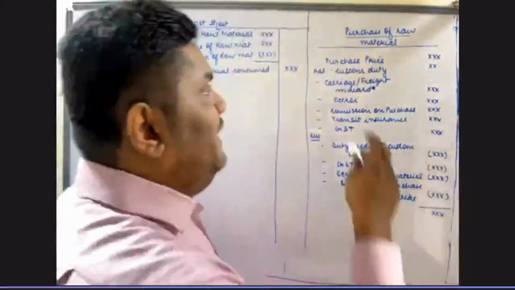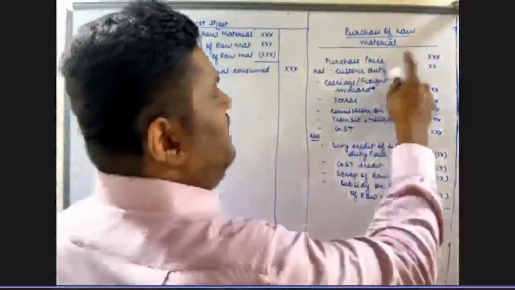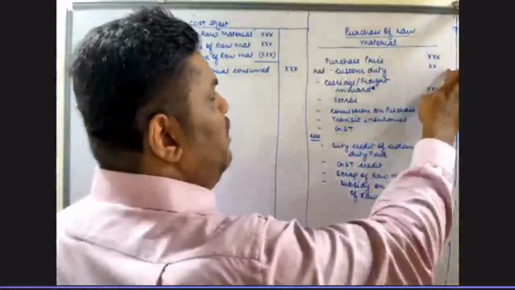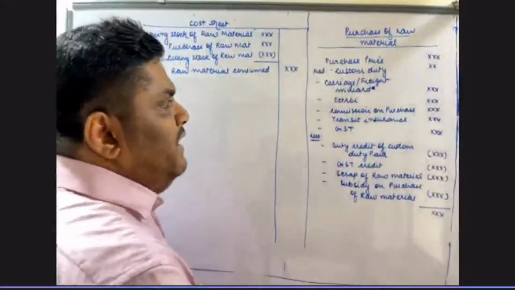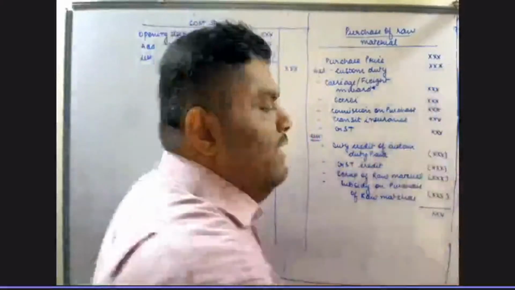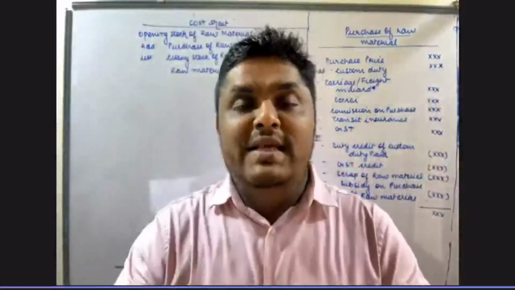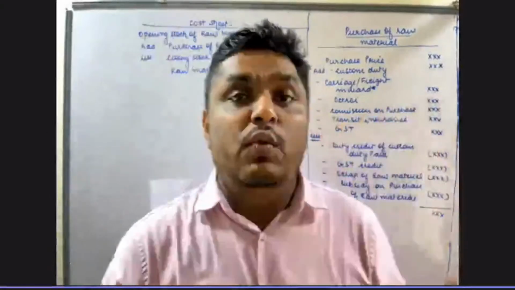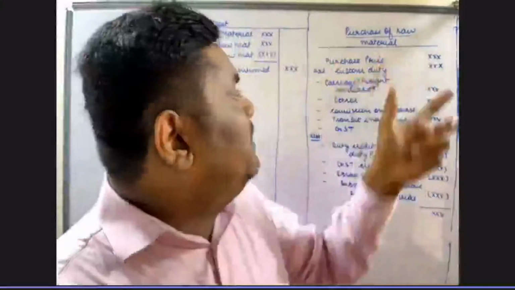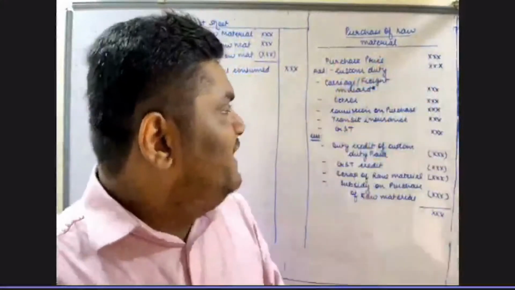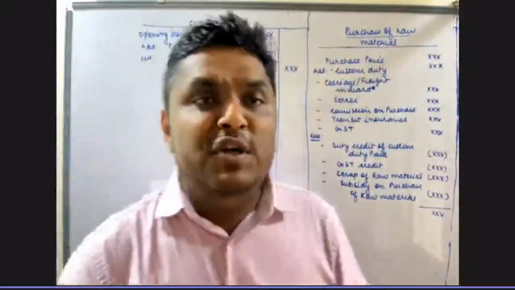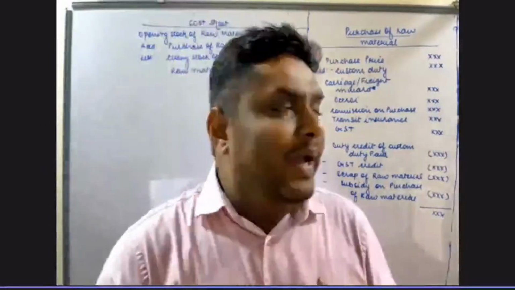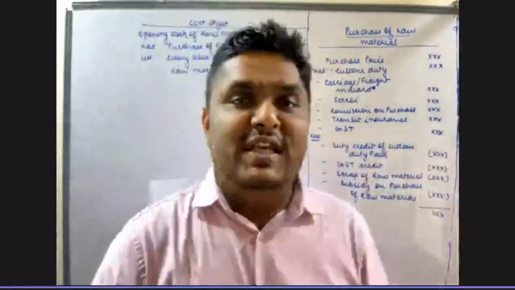So when talking about the purchase of raw material, it includes the purchase price, the custom duty, that is the duty paid on import of goods, further carriage inward or freight inward, that is जापान से मेरे फैक्ट्री गेट तक जो भी गाड़ी भाड़ा लगा है, that is the carriage inward or freight inward, it will form part of purchase price. इसके अलावा octroi, commission on purchase, transit insurance, if it is borne by us, thereafter GST if any paid.